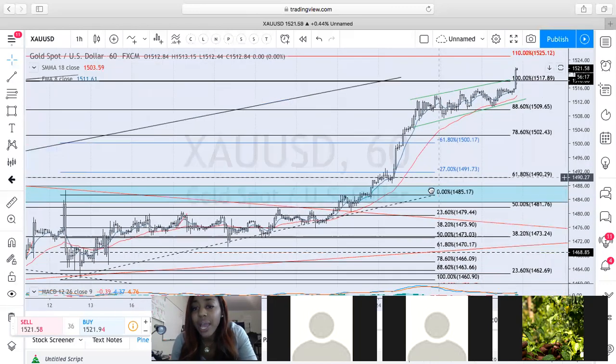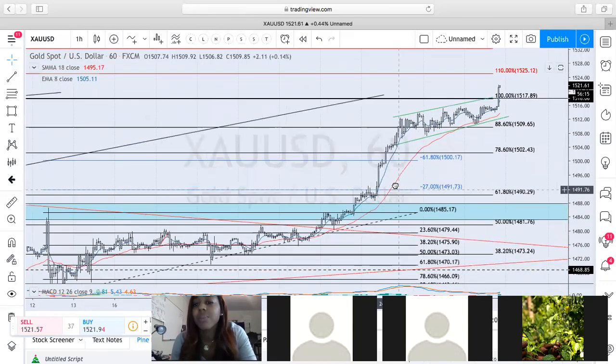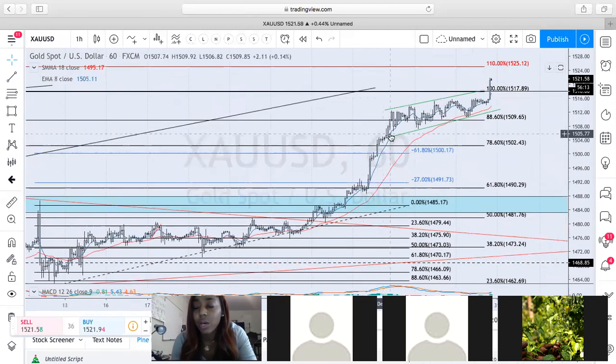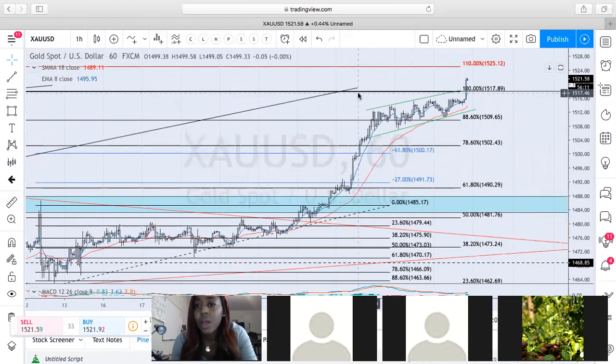So I just want to make sure everybody understands that breakout analogy. Here, gold can still sell off. I am not expecting gold to go past this 1525 area.